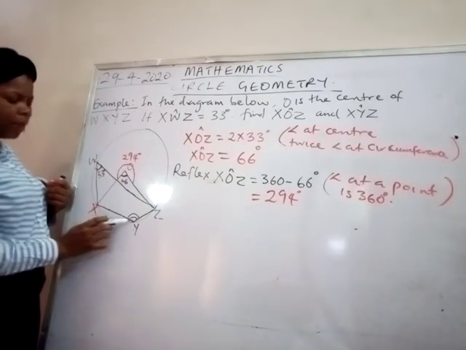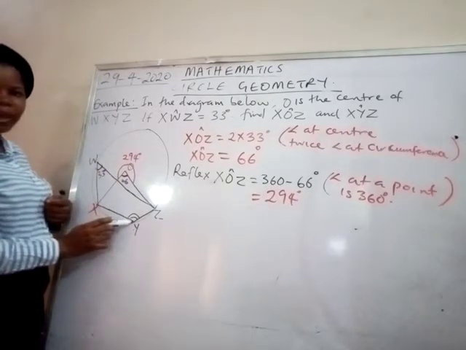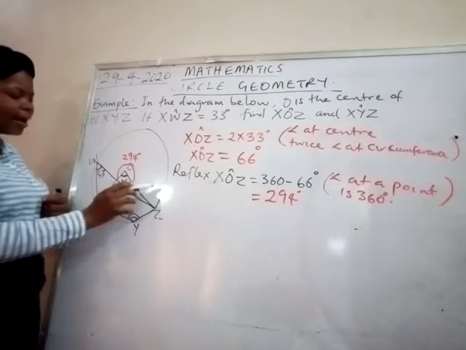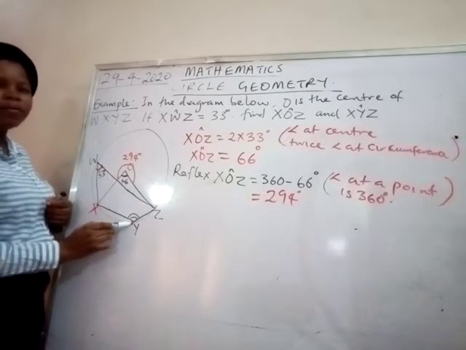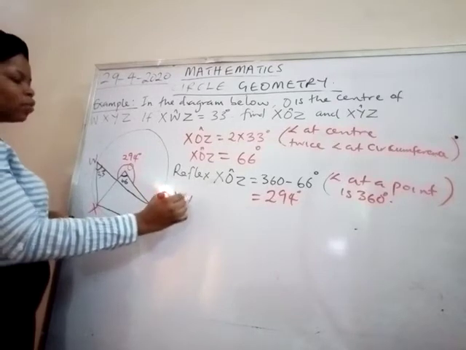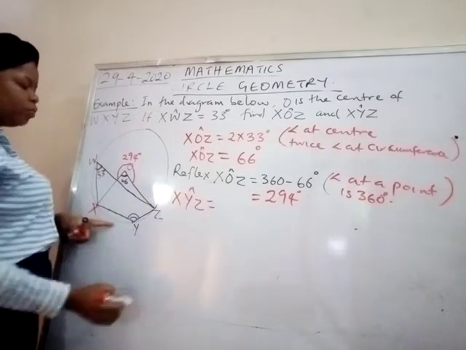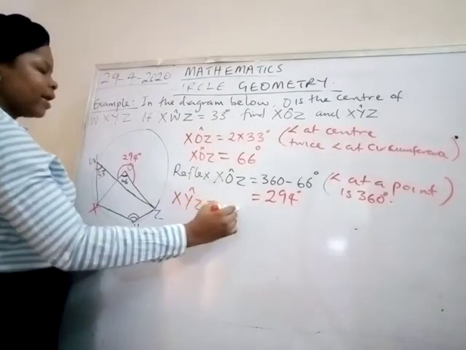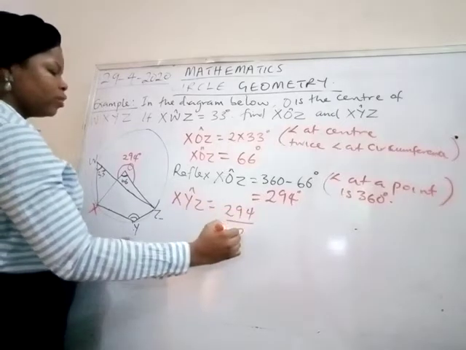So for me to get this is now easy because I know the big arc subtends to this circumference. So I'm going to write that my XYZ is going to be 294 divided by 2.